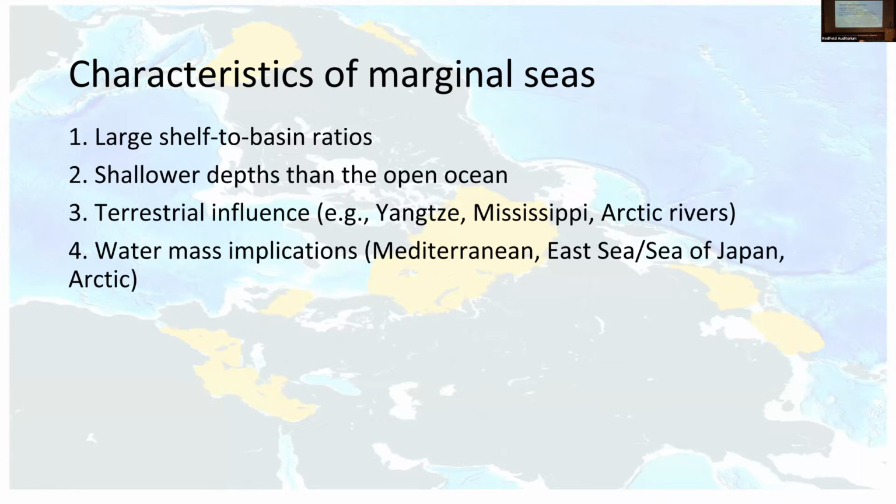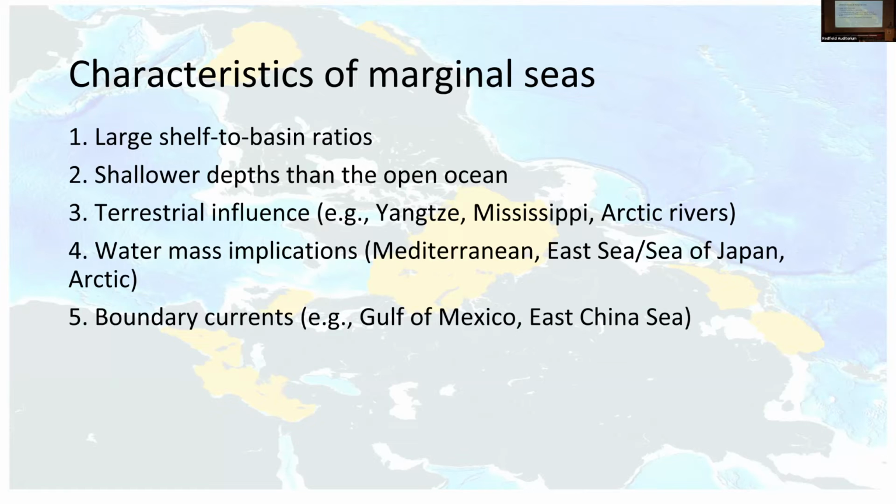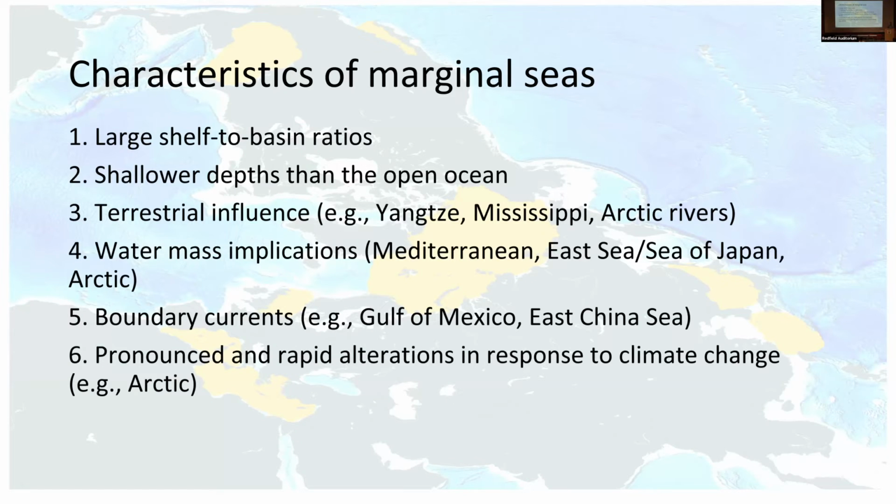Marginal seas are involved in either producing water masses or water masses getting into the marginal seas. And boundary currents affect some of them. And of course, very large changes because of climate change and anthropogenic activities are altering marginal seas as well.